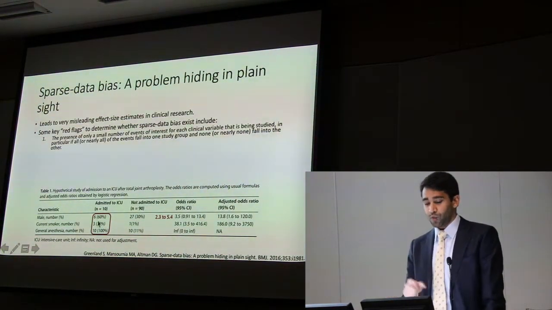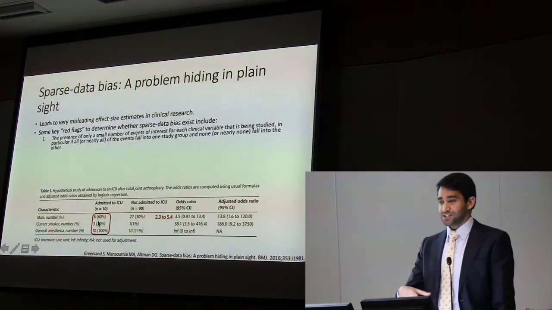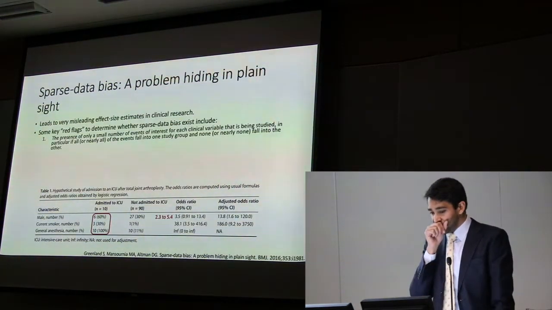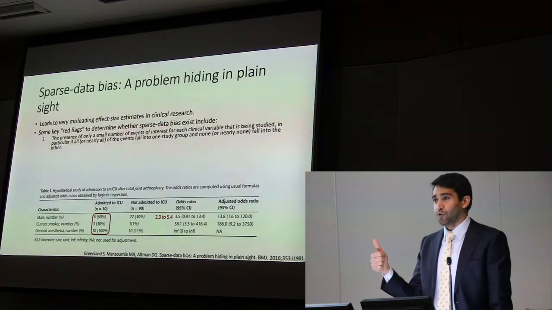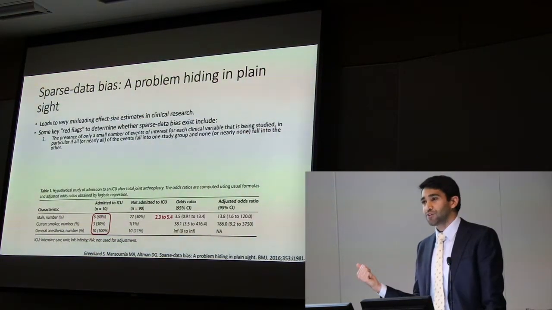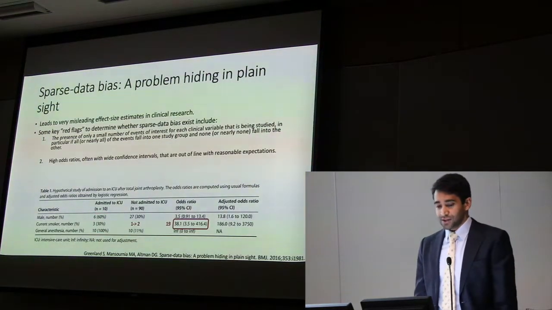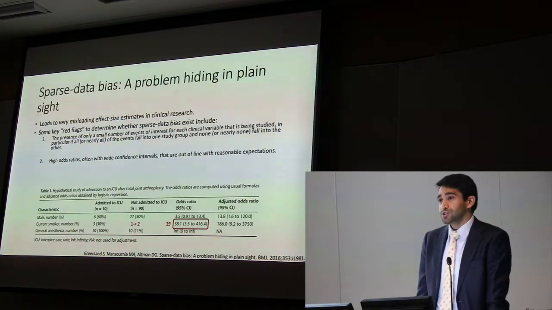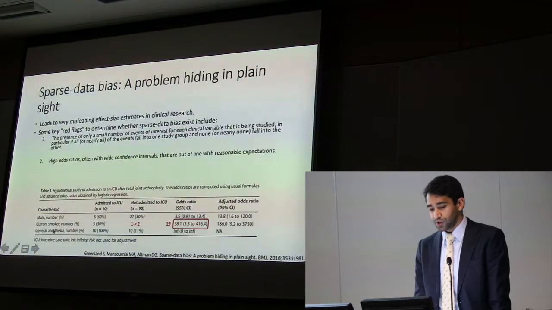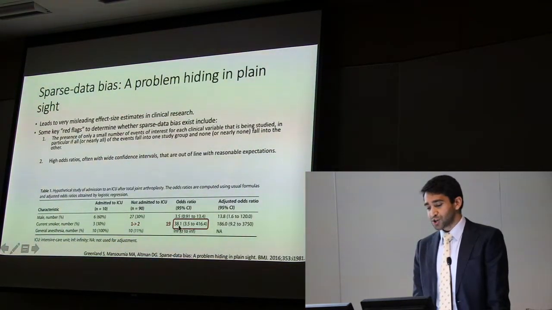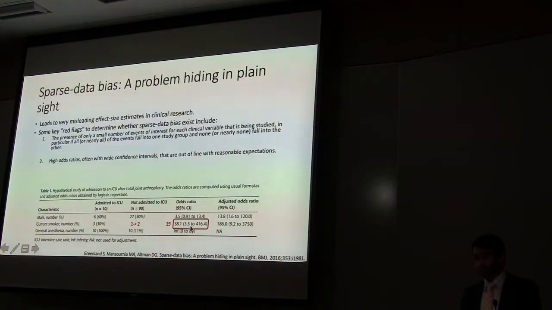For example, if one patient was added to the ICU group, my odds ratio goes to 5.4. If one patient was taken away from it, it goes down to 2.3. So it's fragile. The next thing is high odds ratios with wide confidence intervals. If you look at current smoker, the odds ratio is 38, but the interval is 3.5 to 416.